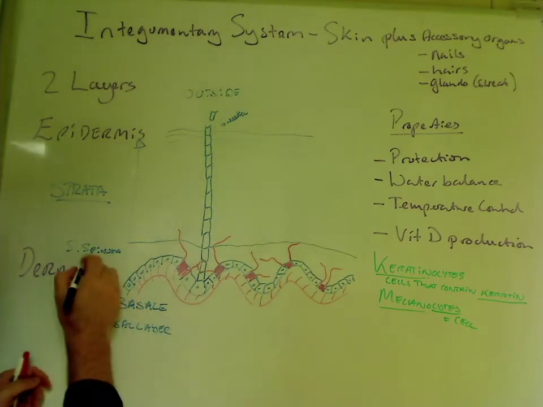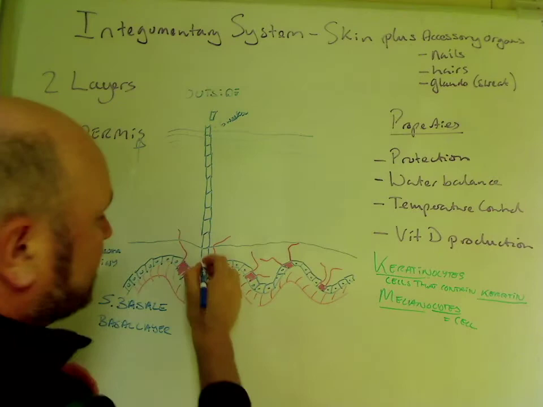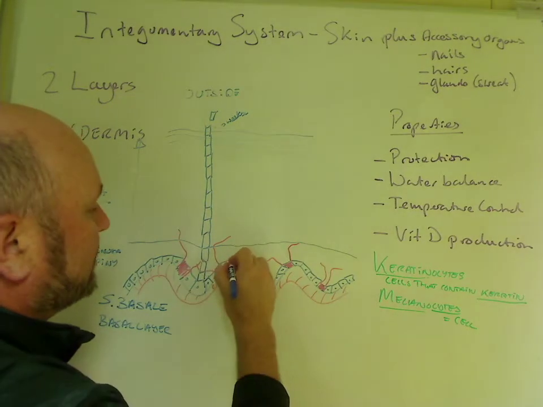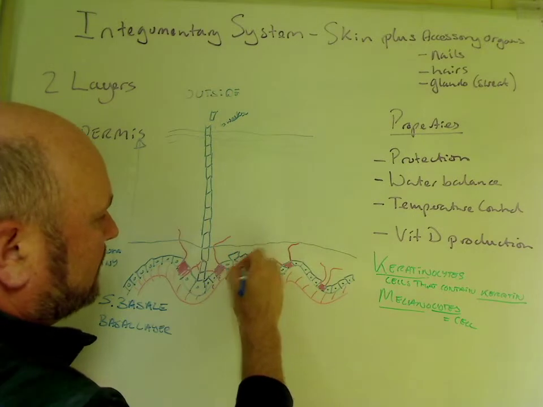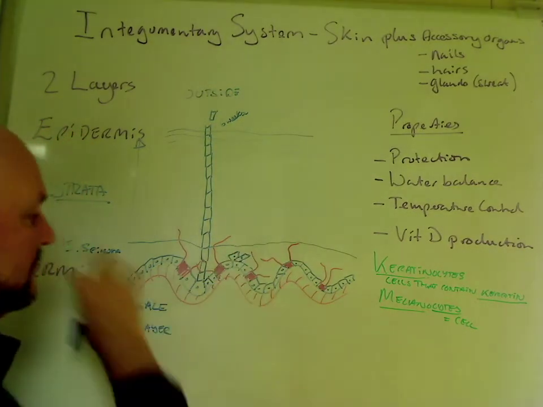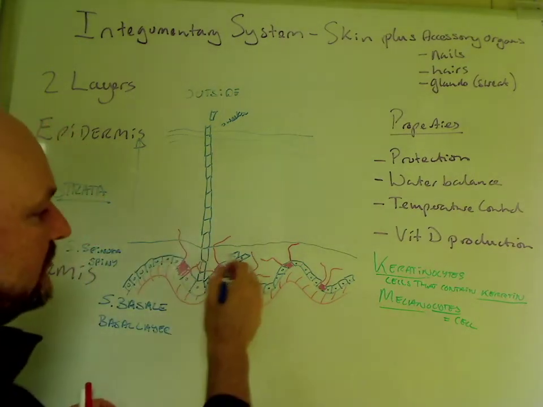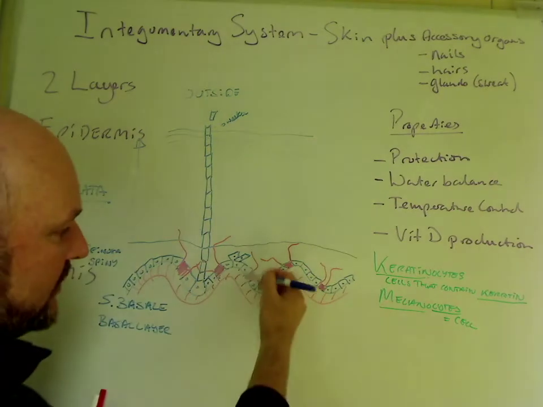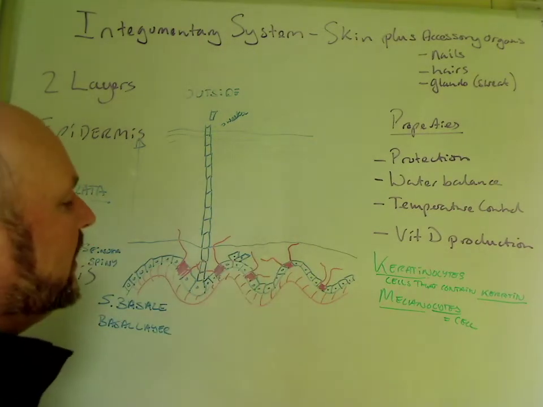Now spinosa essentially just means spiny. So these cells here are pointed. They're sharp looking, and hence the name spinosa for spiny. Now these are still relatively healthy cells, they're still quite close to the blood supply, so they're still functional.